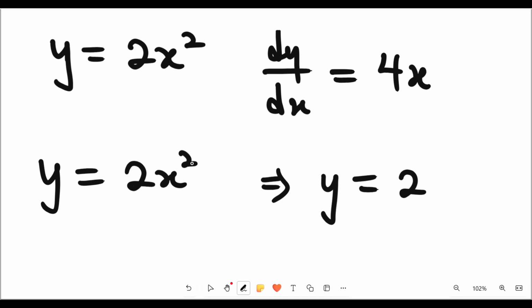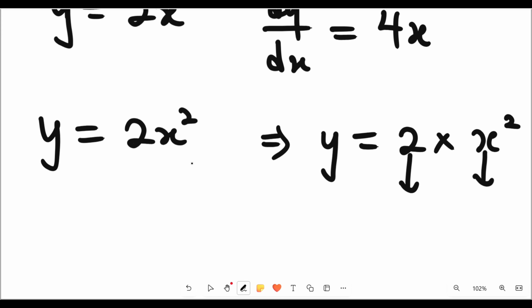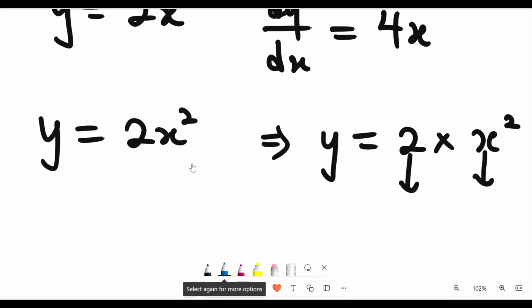So when it comes to the product rule, you use two other variables. I'll name this one u, and I'll name this one v. So I'll let one of them be u and the other one v.